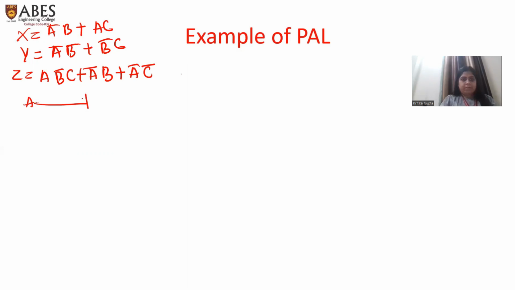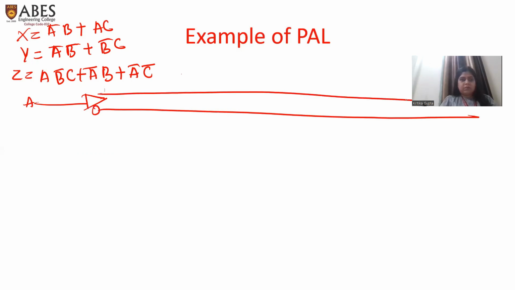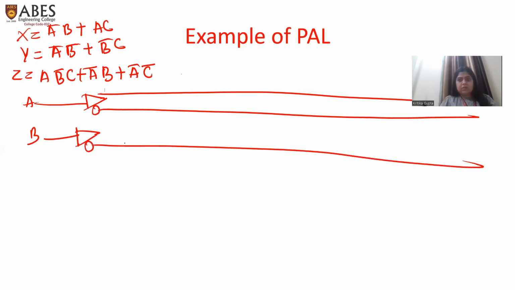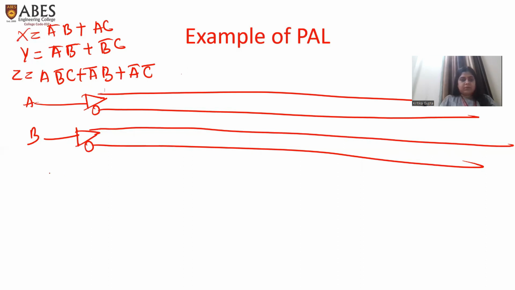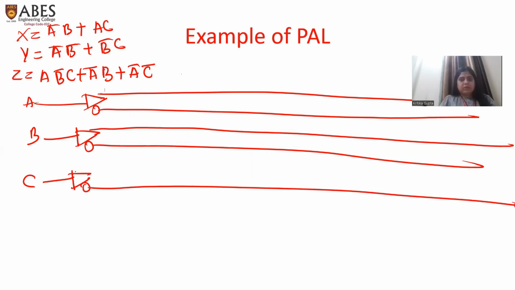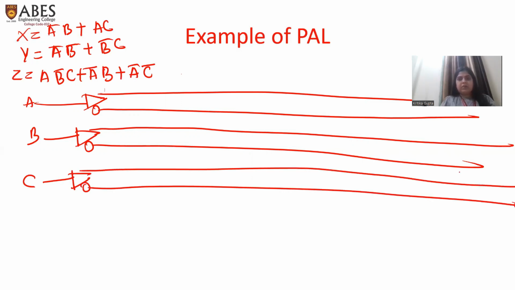One for A, for B, for C, three input buffers, and then A bar, B bar, C bar.